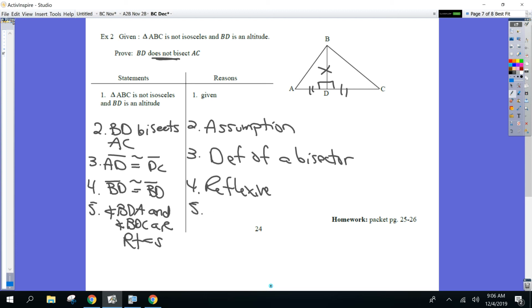Can we talk a reason here? I don't want to say perpendicular lines form right angles because I didn't mention anything was perpendicular yet. How'd you know it was a right angle? Because this was an altitude. Okay, so definition, or you can say altitudes form right angles. That's also an acceptable one. Oh, you guys are a little rusty.